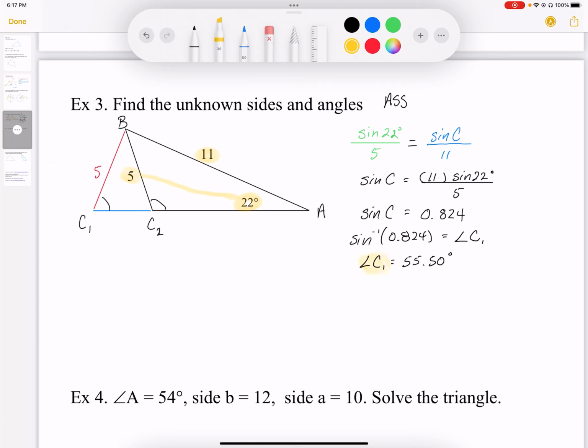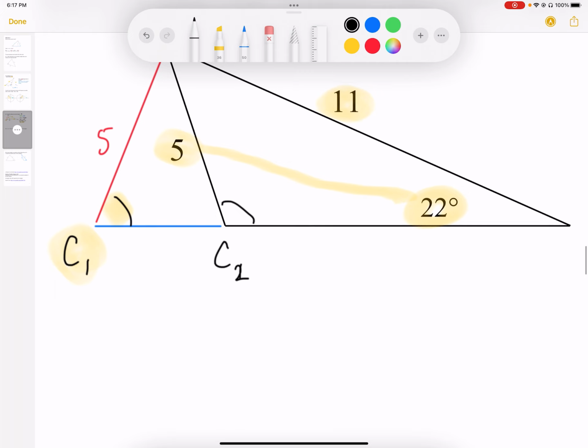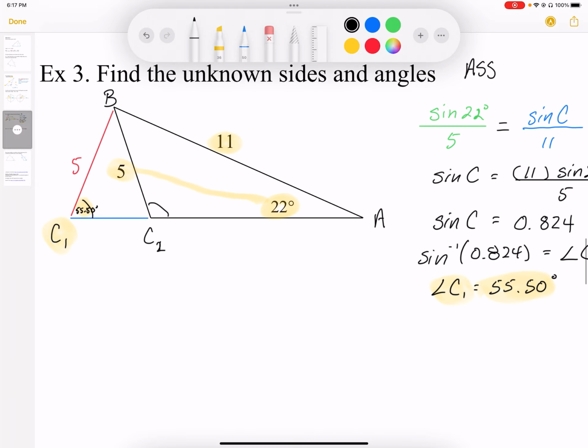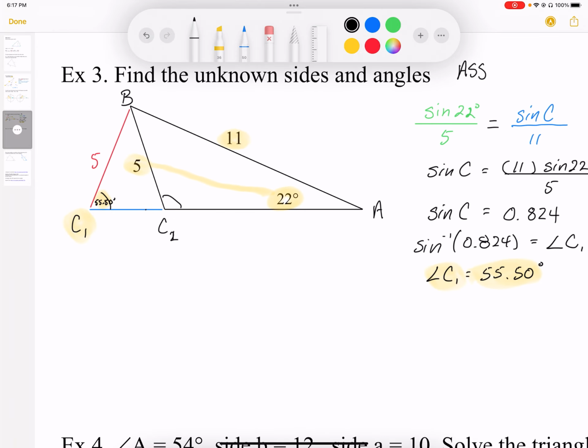So that C1 of 55.5, that's going to be this one here. So that's going to be that angle. I'm going to write it in small, but this is 55.50 degrees.